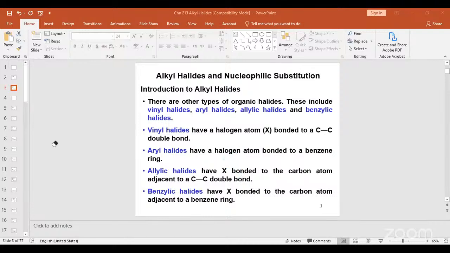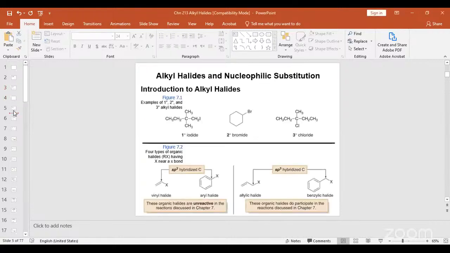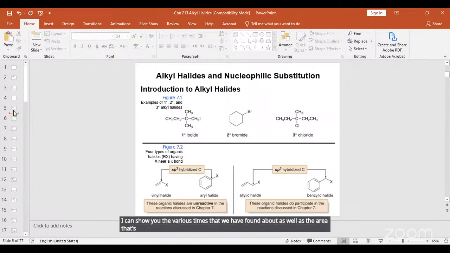So moving on, nomenclature. We are trying to show the various types that we have talked about, as well as the aryl and sp2 hybridized, the allyl as well as the alkyl halides.